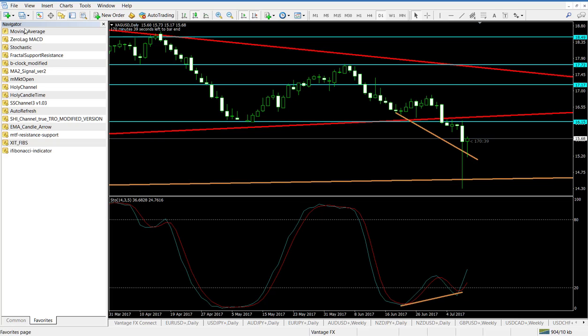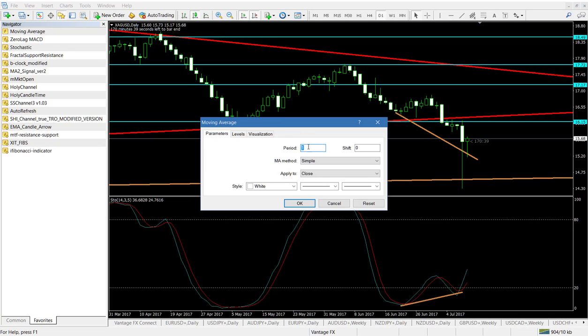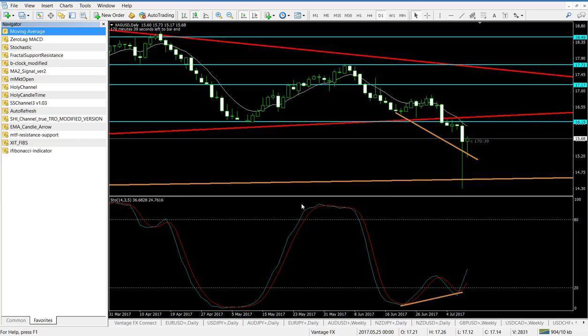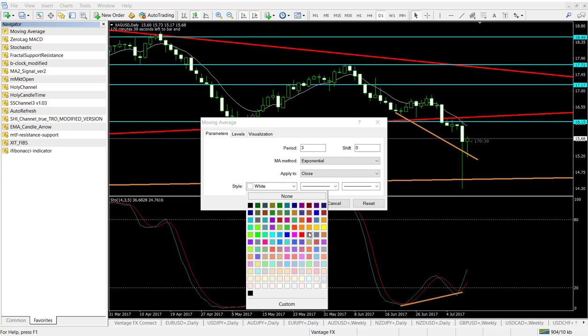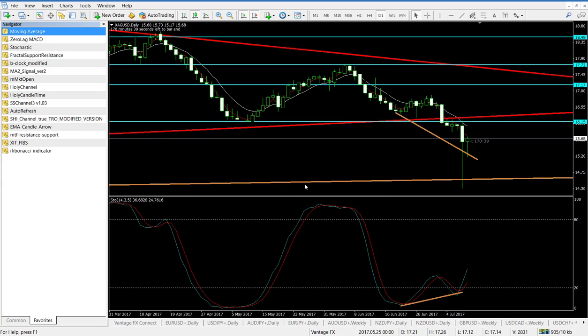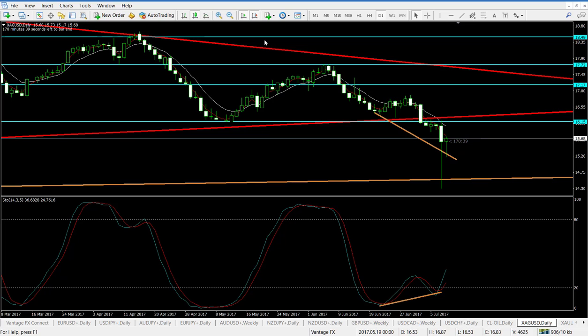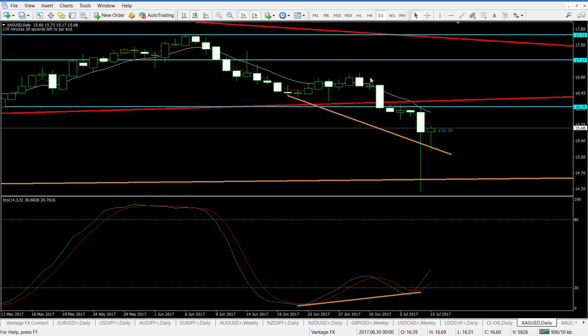Let me add a couple of moving averages. The first one is 8 exponential. The second one is 3, again exponential. The moving average is going down.